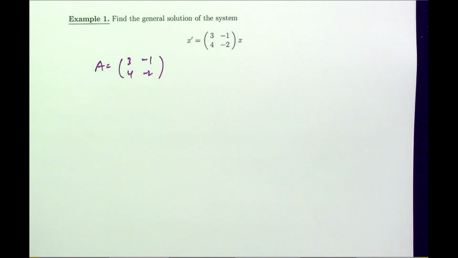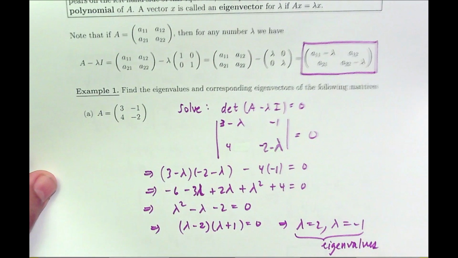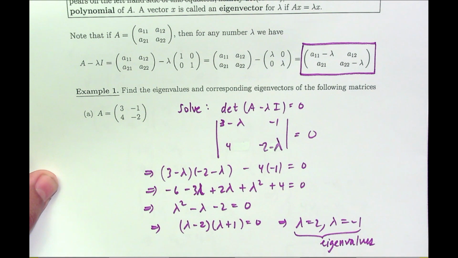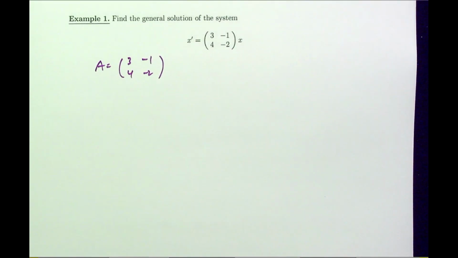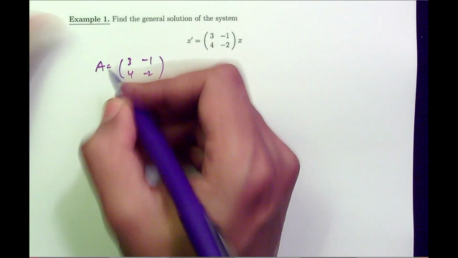We found the eigenvalues and the eigenvectors for this matrix already. I'm using the same one to save time because I don't want to repeat that. So I'm just going to copy down the results from that example.